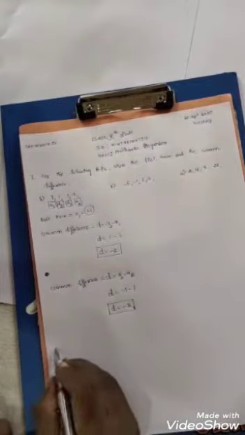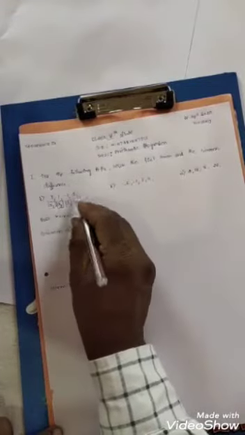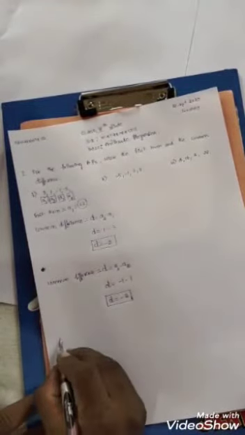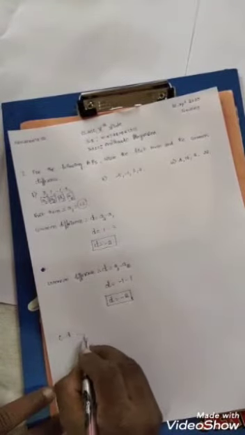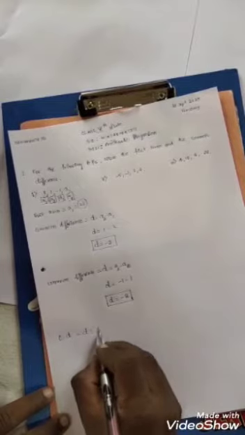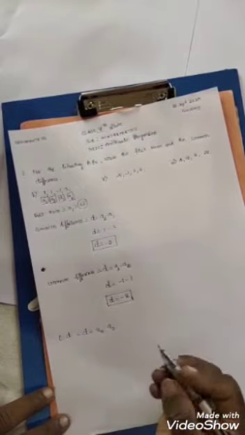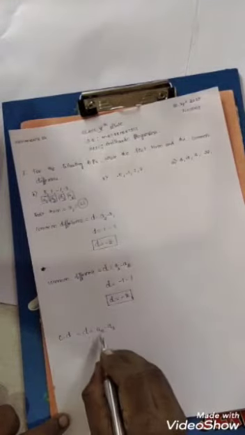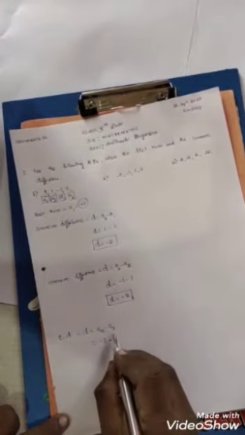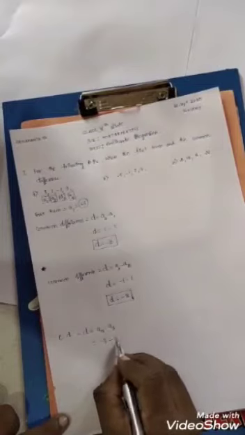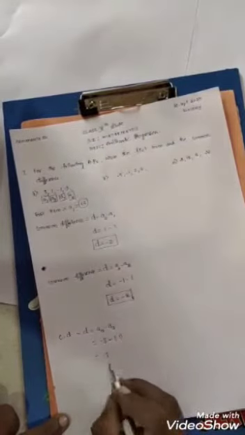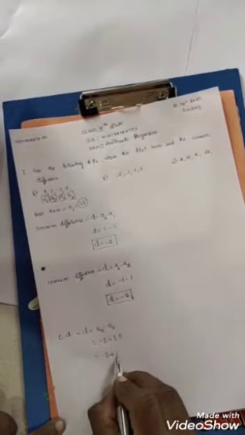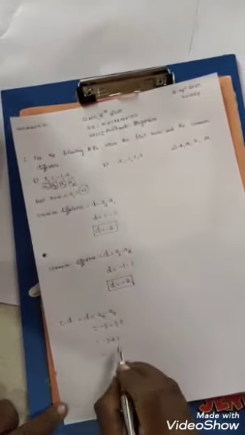Again I am going to check another two consecutive terms, that is minus 1 and minus 3, A4 and A3. So common difference d is equal to A4 minus A3. Here we substitute A4 as minus 3 and A3 as minus 1. By simplification, minus into minus is plus, so minus 3 plus 1.